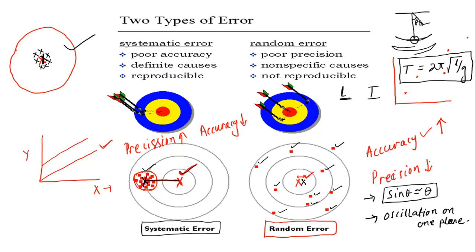The third thing is that the pendulum should not rotate. A rotational motion will add other parameters which may affect the oscillations. There should be no rotational motion of the pendulum around its own axis, so rotational motion should be avoided.